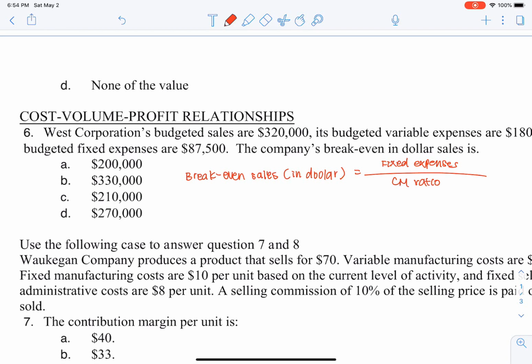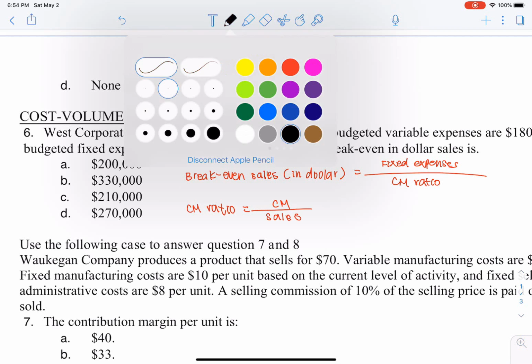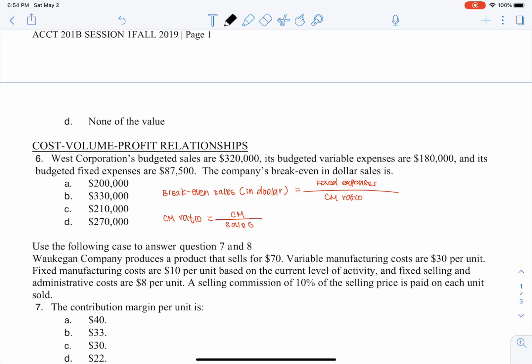ratio. But in the problem, they don't really give us the contribution margin, so we have to calculate our contribution margin ratio, which is contribution margin divided by our sale. So plug in the numbers that are given. What is contribution margin?